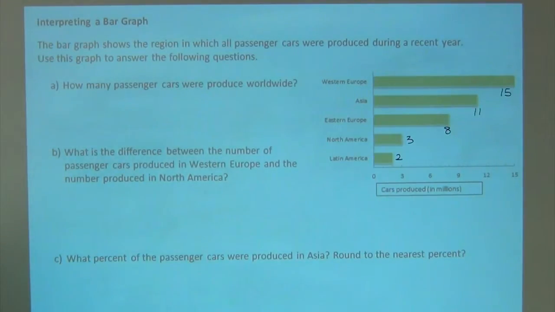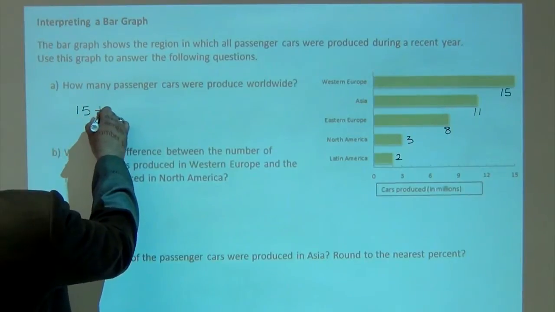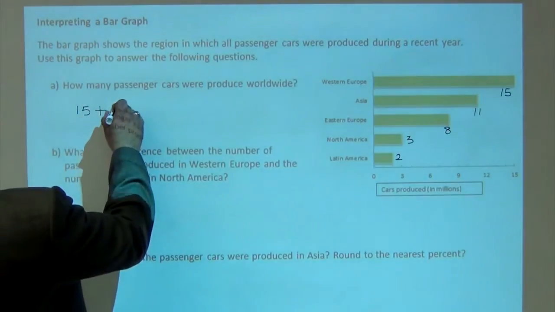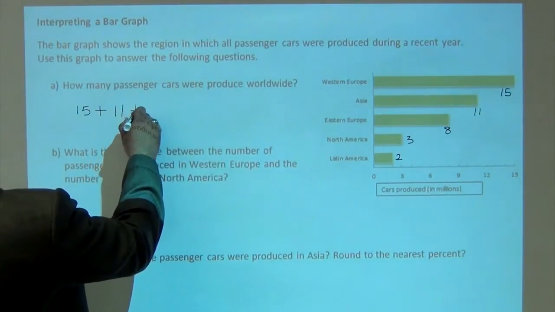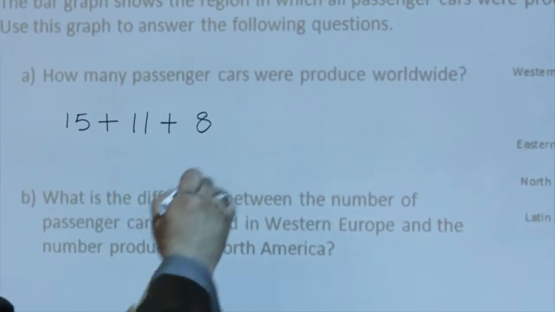How many passenger cars were produced worldwide? In that case, we will need to add all the production of cars in all regions. So we start with Western Europe, which is 15 million. In Asia, 11 million. In Eastern Europe, 8 million.